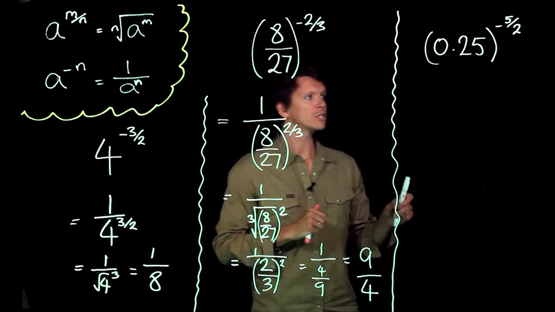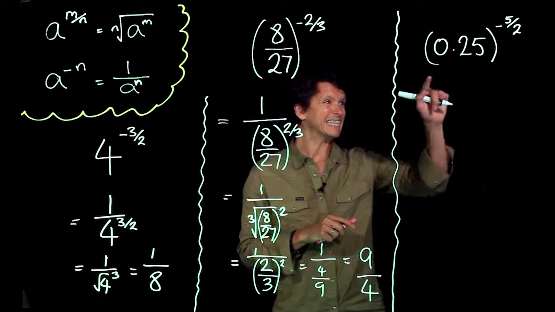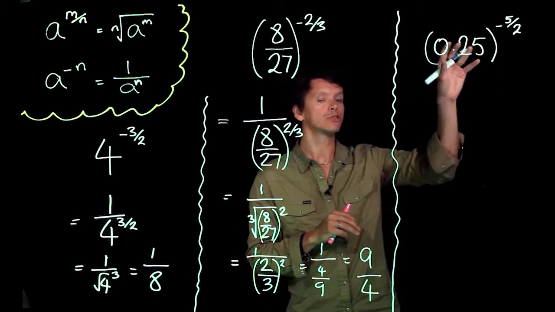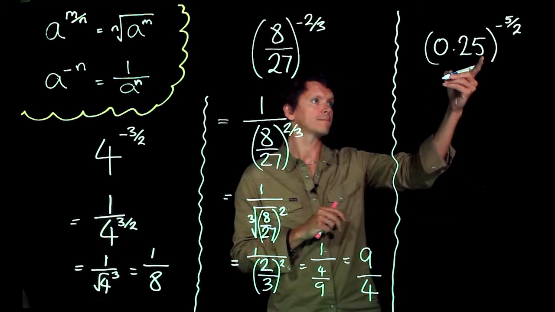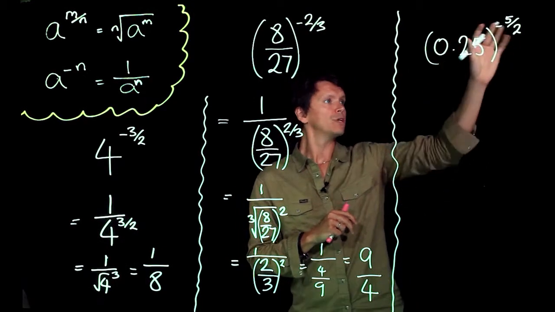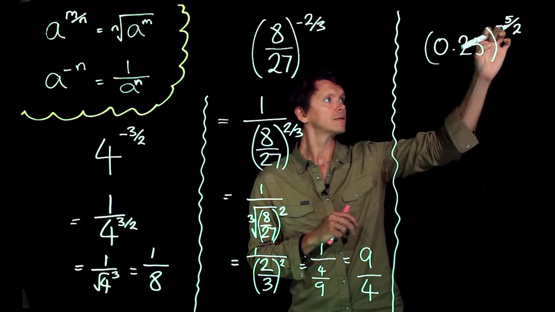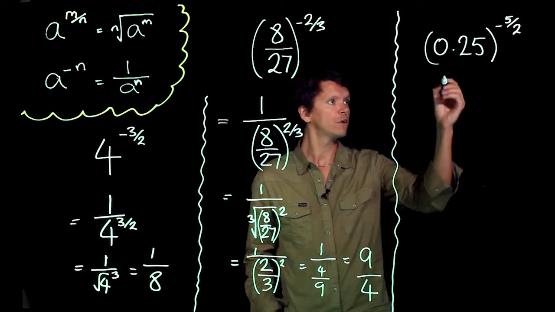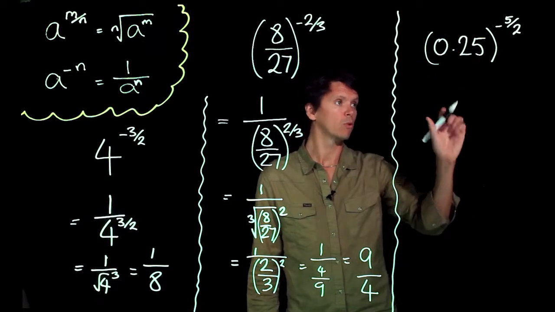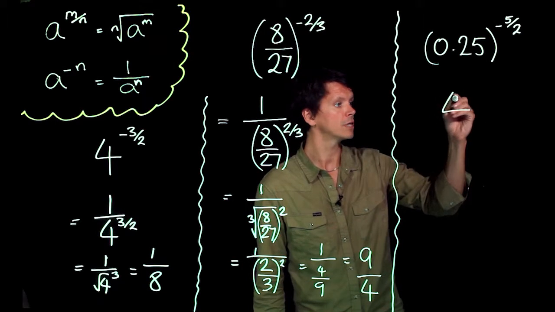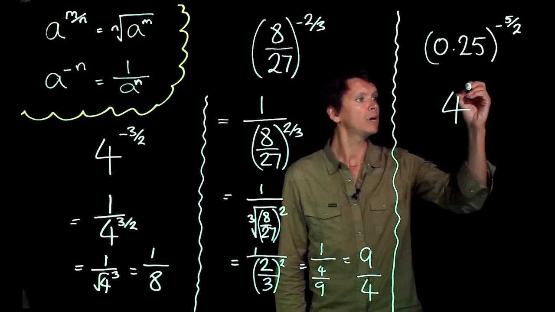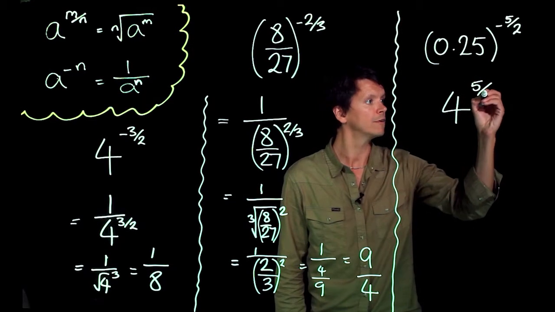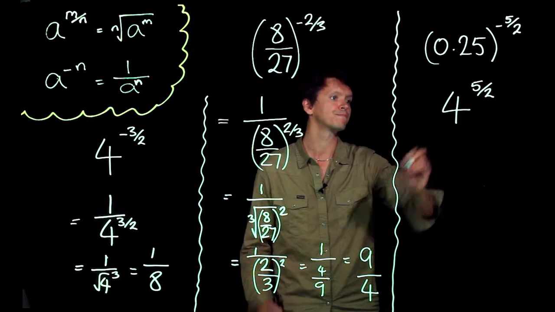But it's worth noticing in this one, there's a slightly easier way because we know 0.25 as a fraction equals 1/4. So if we deal with that negative power first, we take the reciprocal of 1/4, which of course just equals 4. So it's 4 to the power of 5 over 2.